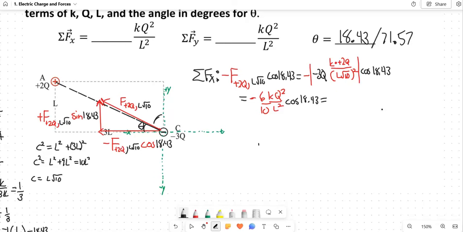So 0.569 KQ squared over L squared, right? So I did cosine of 18.43 times 6 divided by 10, which is 0.6. And there should be a negative in there.